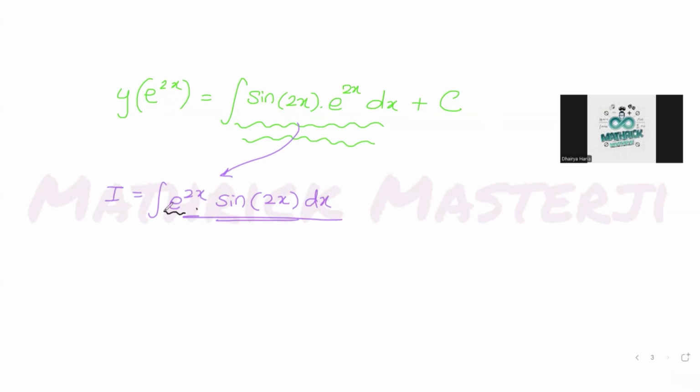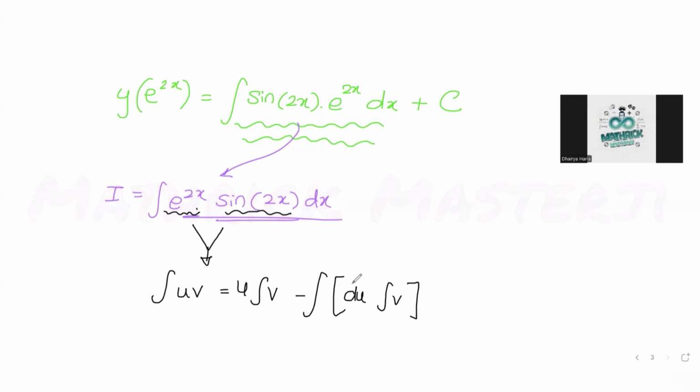I have two functions, one is e raised to 2x, the other is sine 2x. The integral of a product is given by u integral v minus a big integral, inside which I find the derivative of u and integrate v.